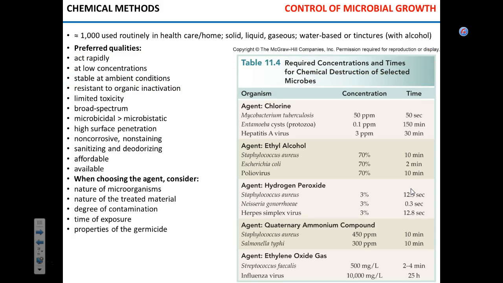Now, chemical methods. There are many chemicals that we use for cleaning. It's kind of a dumb statement, I know. But you go to the supermarket and you see Lysol, Pine Sol, Clorox, all that kind of stuff, all over the place.